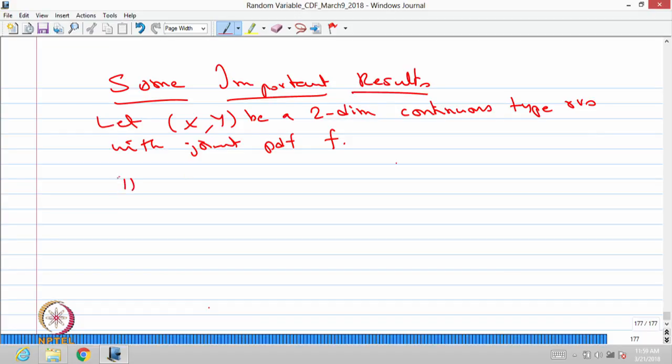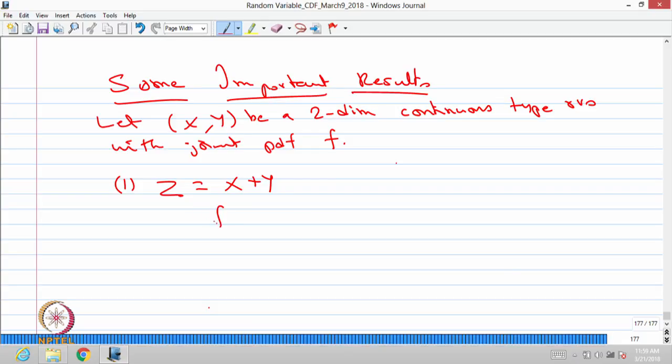The first result: suppose I make a random variable Z as X plus Y, we can find the distribution of Z directly.